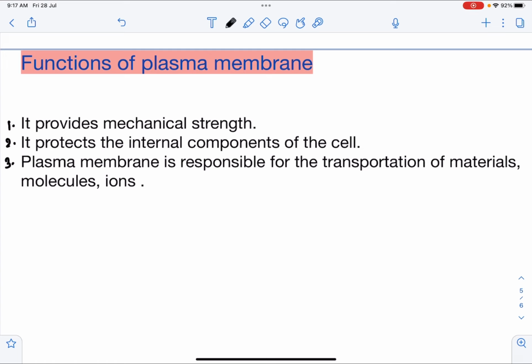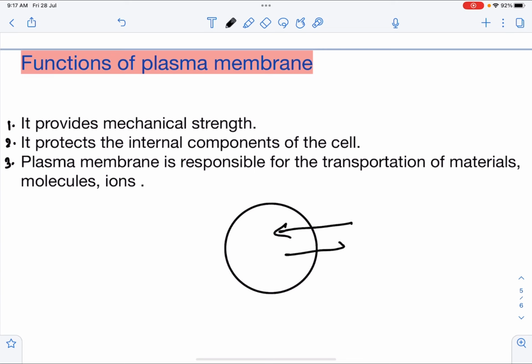It allows material to enter into the cell and out of the cell through tiny holes called pores. With the help of these pores, materials such as water, solutes, molecules and ions can pass through the membrane, always bordered by the channel proteins.